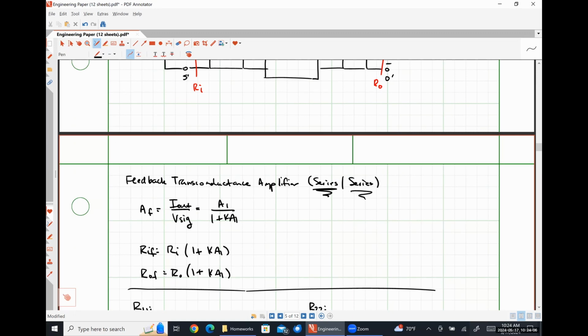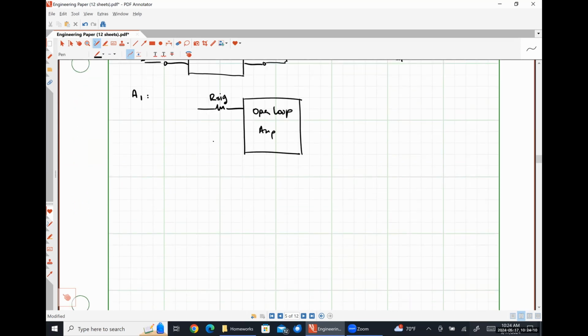Everything will be connected in series because it's a series connection. Looking in through here gives us Ri. Looking in through here gives us R0.